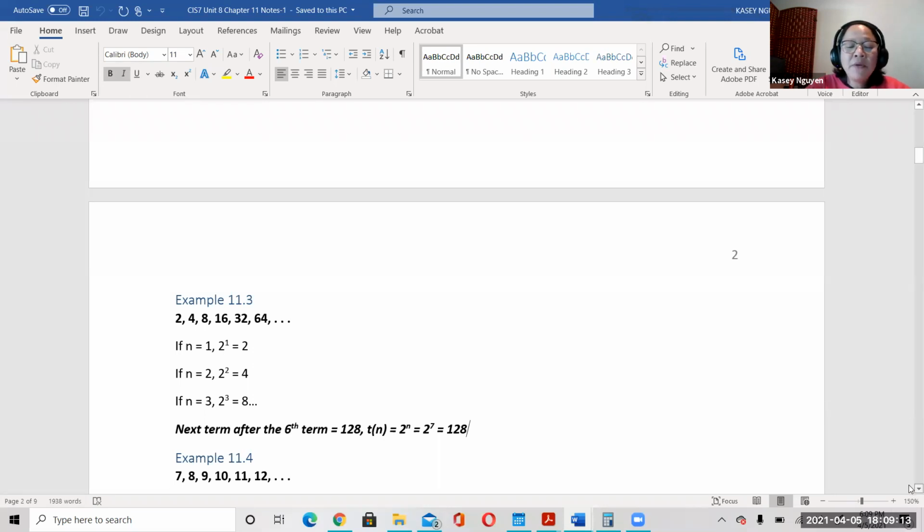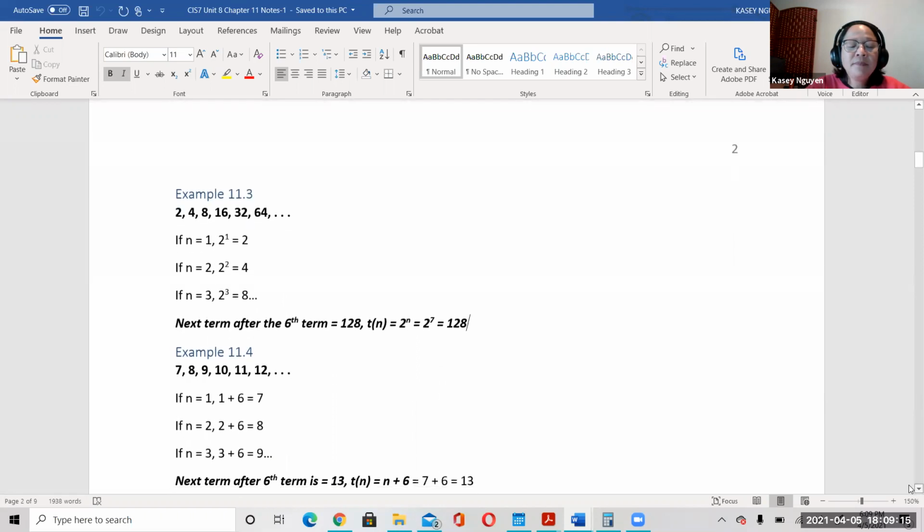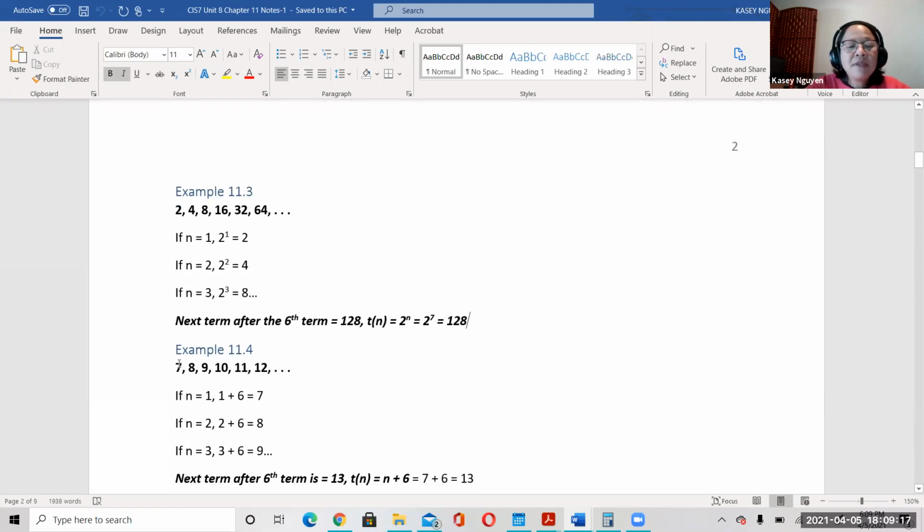And then the following example, you have 7, 8, 9, 10, 11, 12. So we do see an increment of 1 as we proceed further down the sequence. If you start with the first value, or n is equal to 1, we would take 1 plus 6 gives us 7.